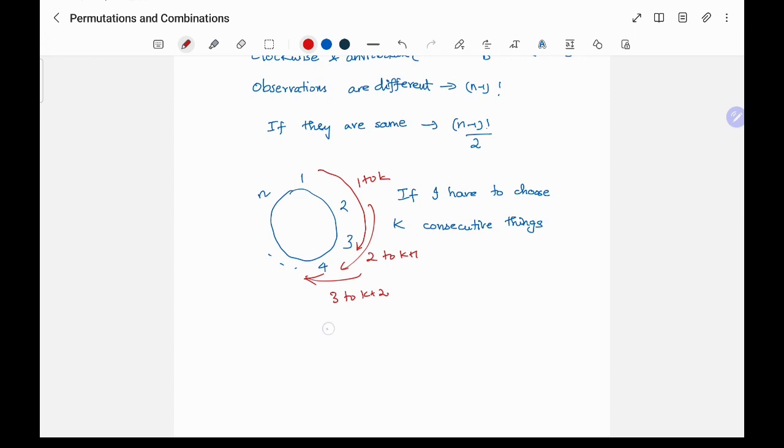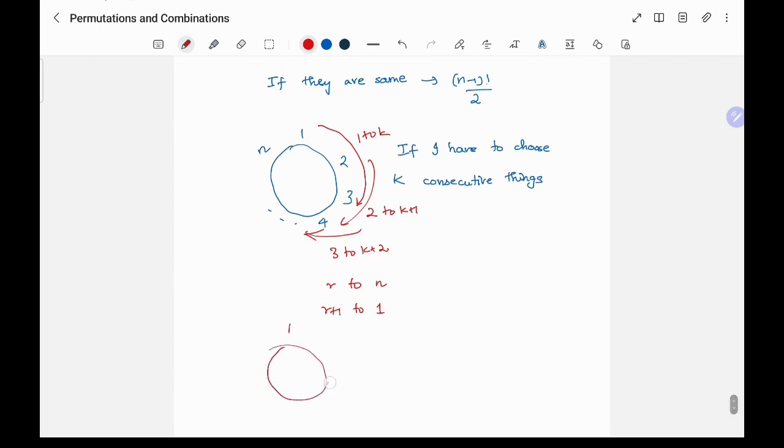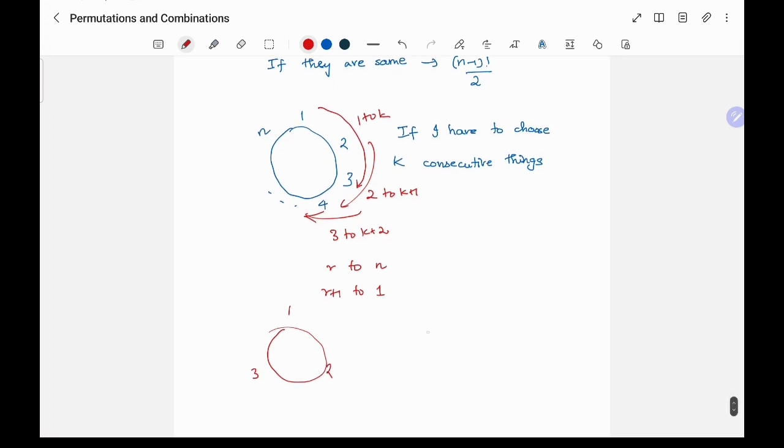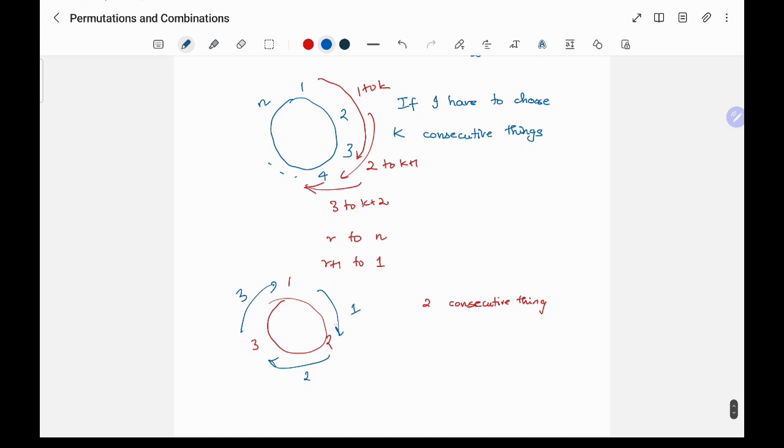And at some place I'll get some r to n, then the next place I'll get r plus 1 to 1, correct? So like this it will repeat, correct? I'll take a simple case with 3, 1 2 3, and I have to take two consecutive things. So I can do 1 to 2, this is 1, 2 to 3, this is 2, and 3 to 1, this is 3, and this again is repeating, so I can have 3.